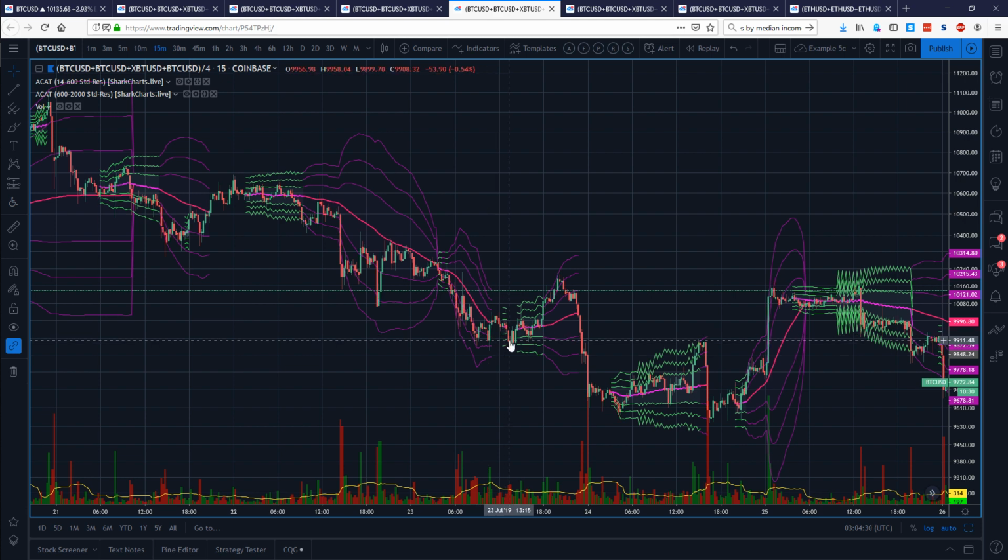But eventually you'll get a new compression range that'll develop out of large expansion, because eventually the expansion has to stop someplace. And at that point, you've got tradable pivots to start trading the range.